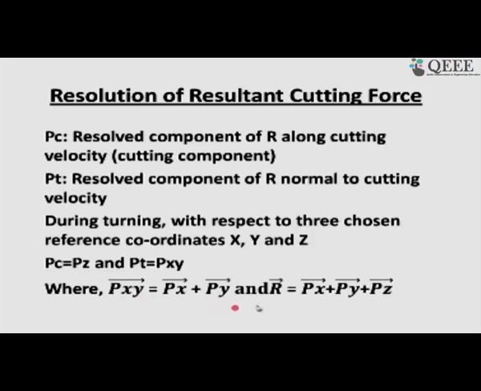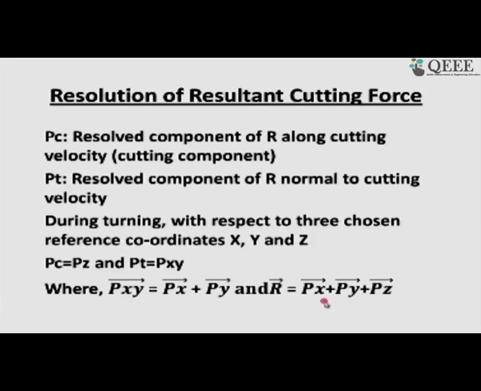So, ultimately you can resolve this resultant force R, which is acting from the tool side, into three components, one along the feed direction, that is the feed force, and one which is in the radial direction, that we call the radial thrust force. Pxy we call the resultant thrust force, Pz means main or tangential component of the cutting force, and Py is the radial component of the cutting force. So, this way we can resolve this into three components.